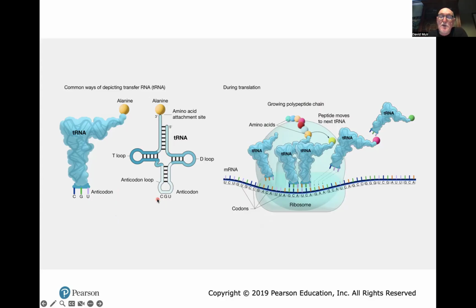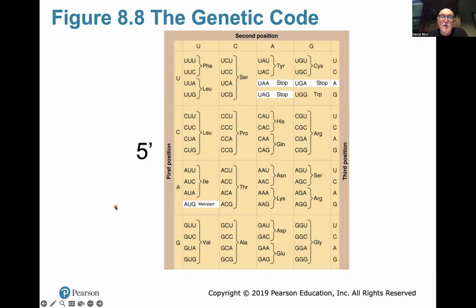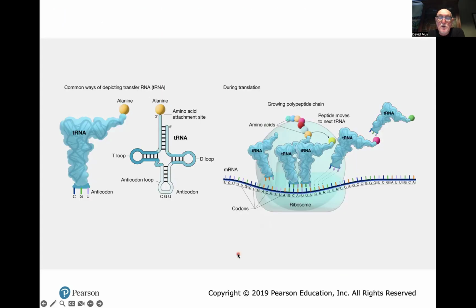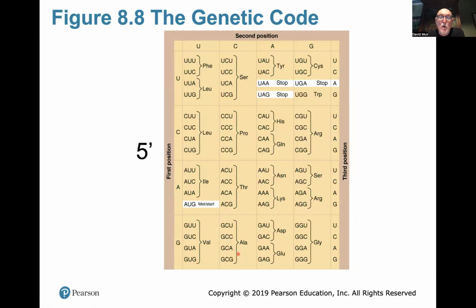This is important because let's go back to our table of codons and let's try and find alanine. It'd be ALA. Where are we? We're right here. And what was our anticodon? CGU. We want GCA.